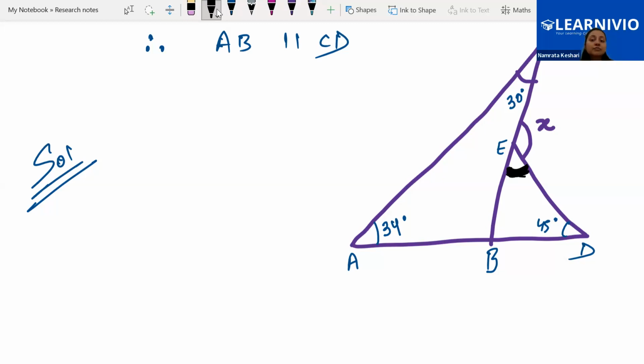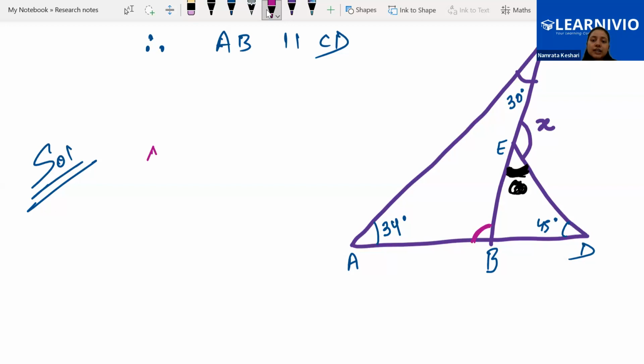But first we need to find the black angle. Let's name it angle BED. To find angle BED, let's find the other angle first, using the angle sum property.